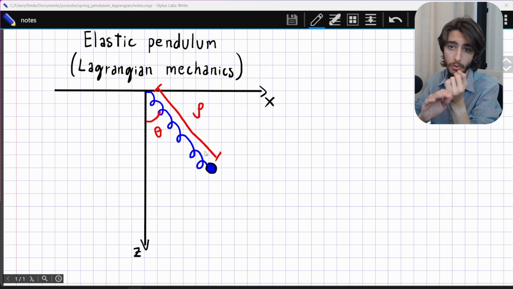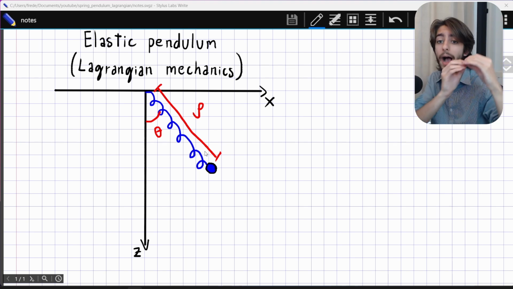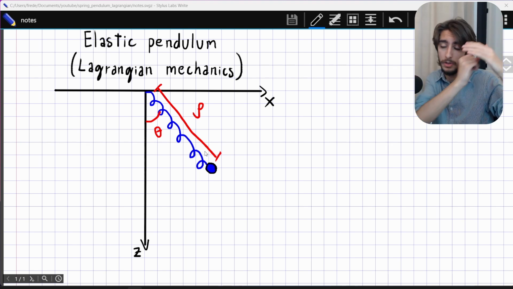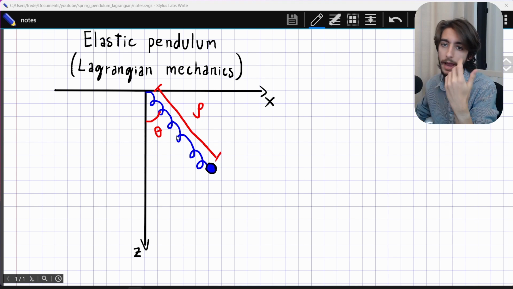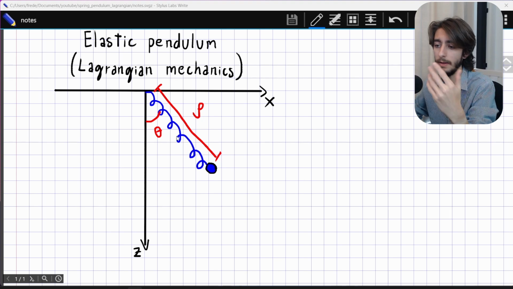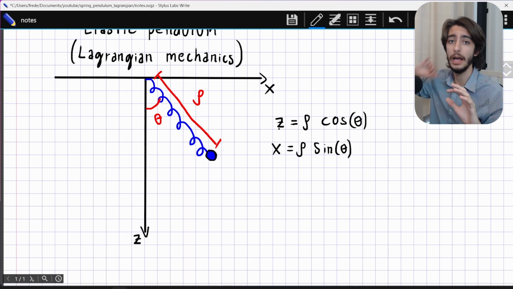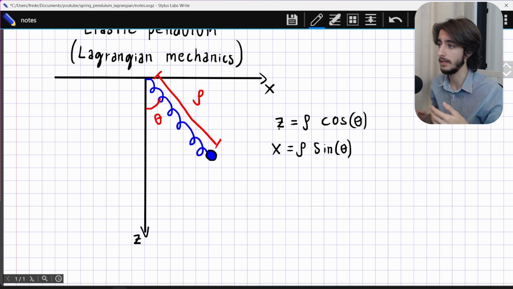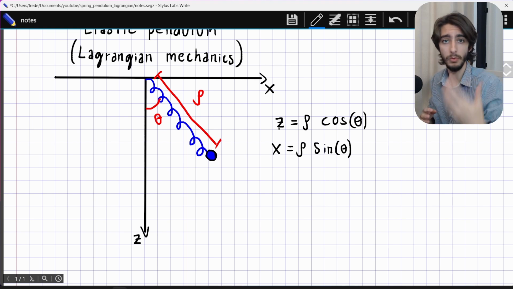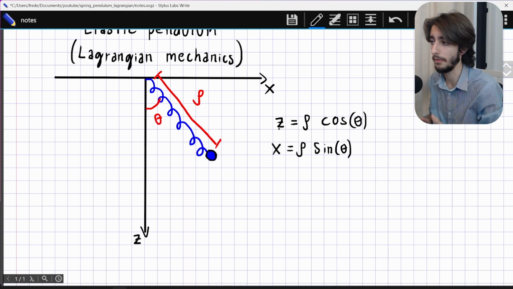So we're going to use rho as the size of the spring, meaning how far away our ball is from the origin, and also theta, the angle that this spring is making with the z-axis. We write the relationship between our Cartesian and polar coordinates like this: z is going to be rho times cosine of theta, and x is going to be rho times sine of theta. These relations can be derived by just drawing triangles in the diagram. But if you don't understand them and you want to see how to do them explicitly, just leave a comment. I might do a video about that at some point.